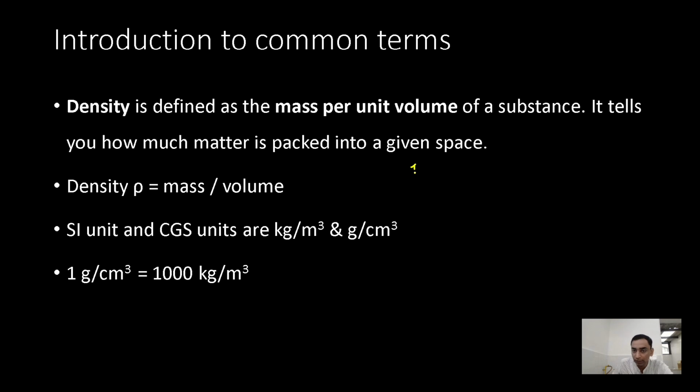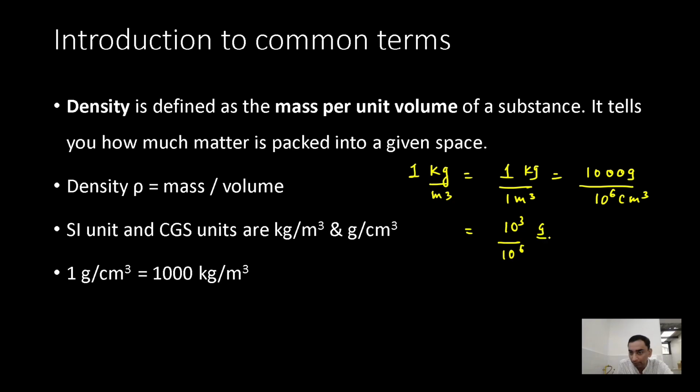Now, how can we prove this? See, we start with 1 kg per meter cube. This can be written as 1 kg upon 1 meter cube. So 1 kg is equal to 1000 grams. Now, 1 meter cube, just now we proved that it is equal to 10 raised to 6 centimeter cube, right? You can refer to the previous slides. Now, this equals 10 raised to 3 upon 10 raised to 6 gram per centimeter cube, which is equal to, this 6 goes up, so it is 10 raised to minus 3 grams per centimeter cube.